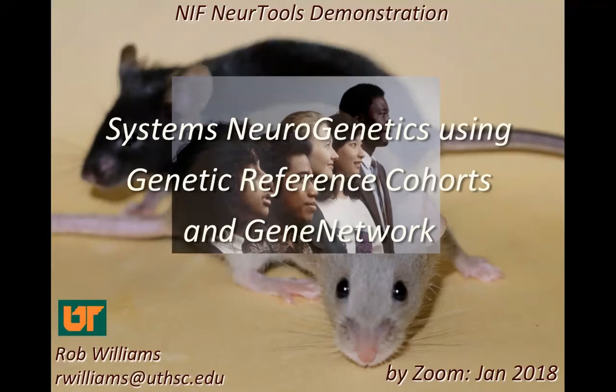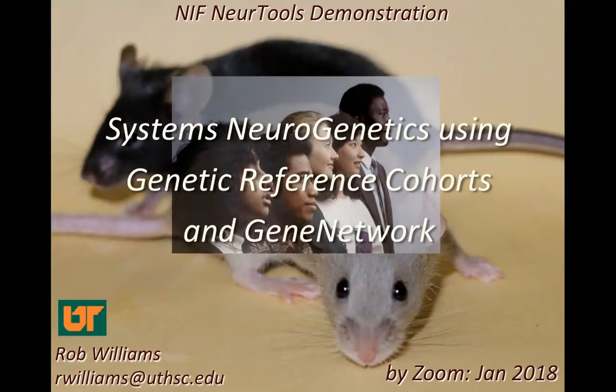I'm even more excited, however, to have the privilege of welcoming Dr. Robert Williams to this week's NeuroTools Webinar series, as he introduces the NIDA Core Center of Excellence on Omics, System Genetics, and the Addictome. Dr. Williams is chair of the Department of Genetics, Genomics, and Informatics at the University of Tennessee Health Science Center.